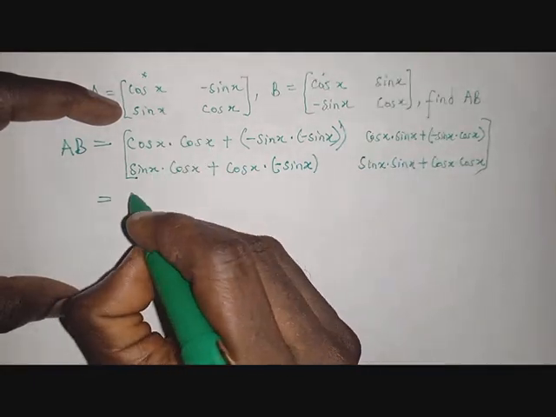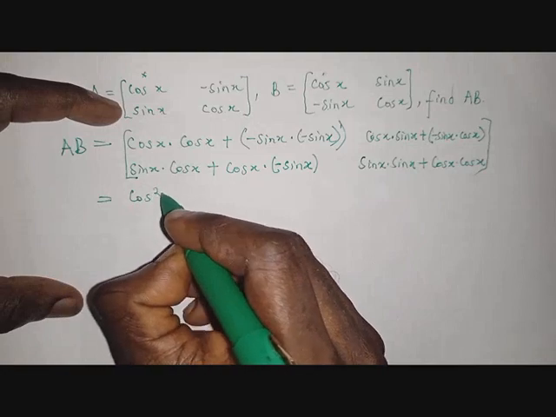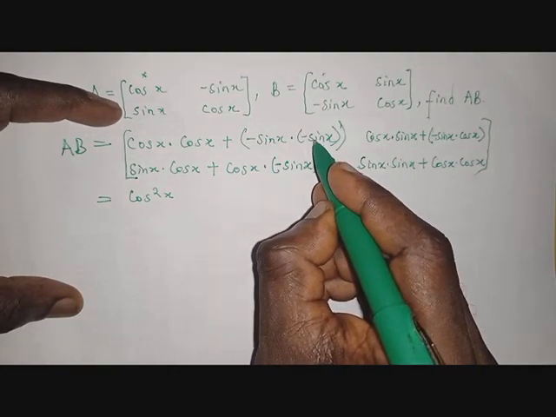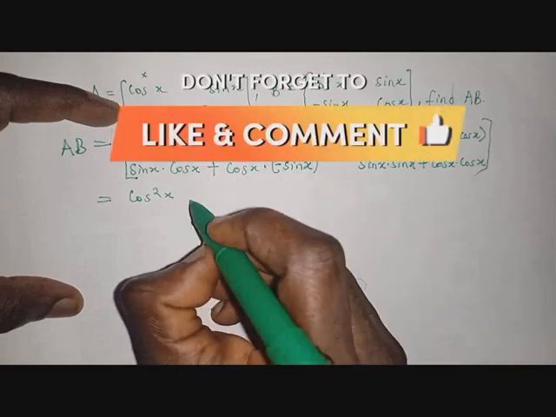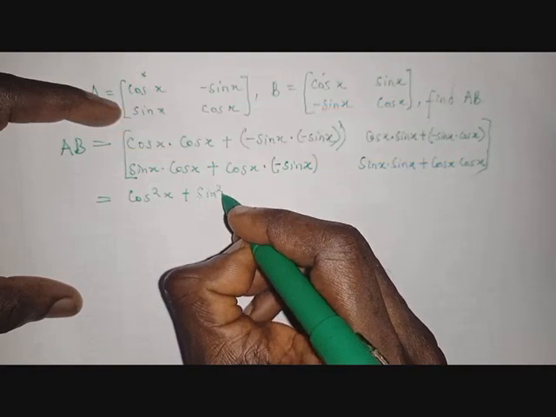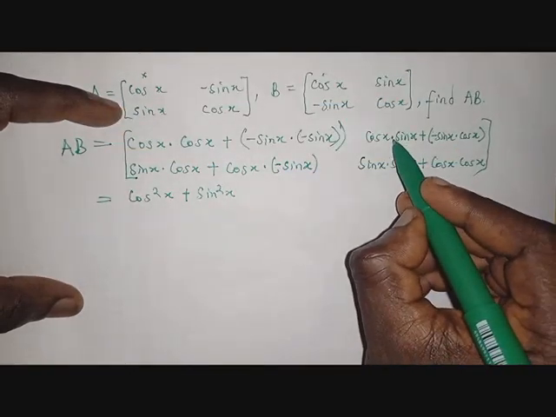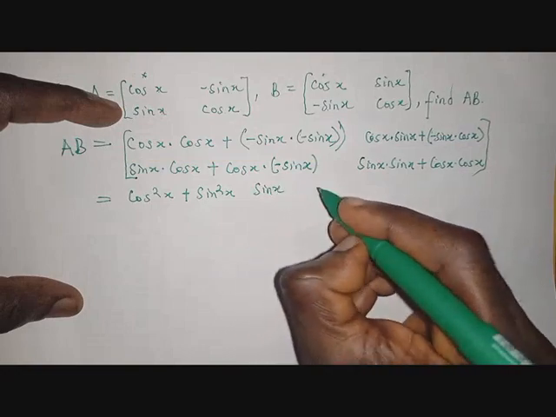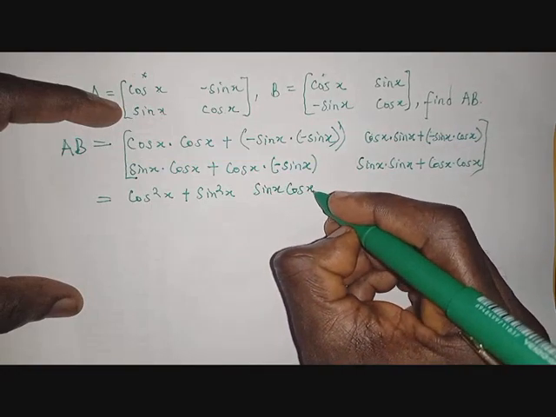Cosine x times cosine x is going to give me cosine squared x, while negative times negative gives positive, so that's plus sine x times sine x, which gives me sine squared x. Cosine x times sine x gives me sine x cosine x.